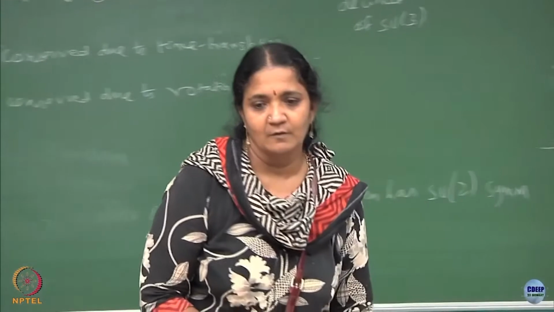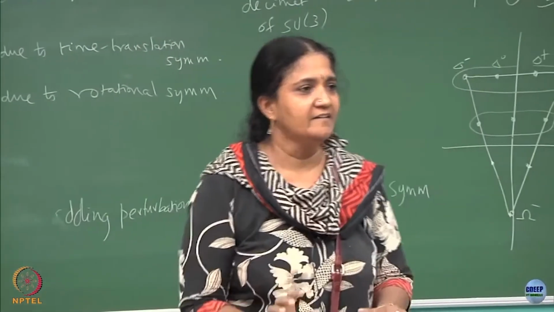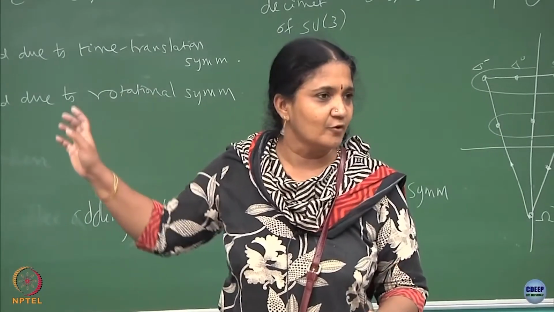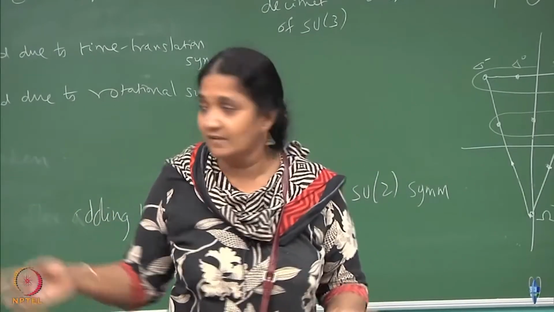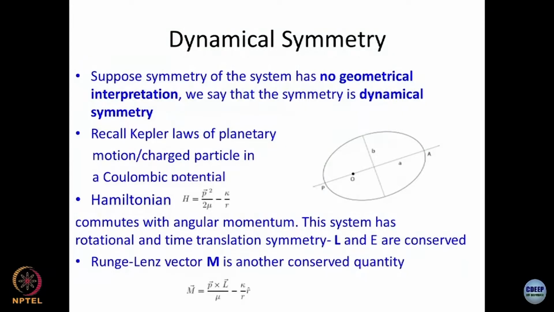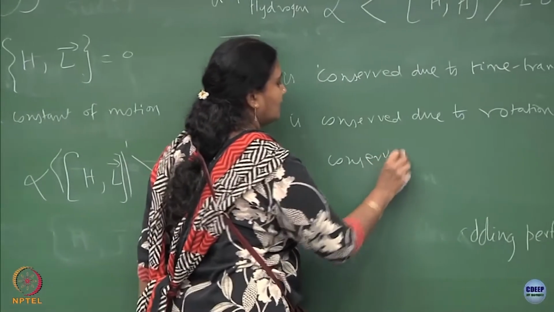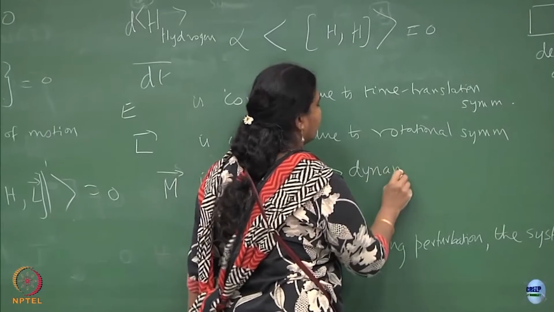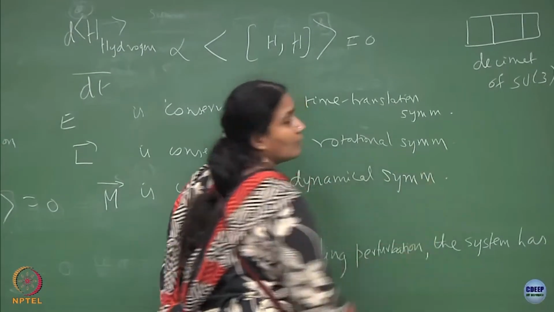So, this is all the information we have for the hydrogen atom or planetary motion. We can associate generators for these. The L vector has 3 components of generators, and the Runge Lenz vector is conserved, and we say that it is a dynamical symmetry.